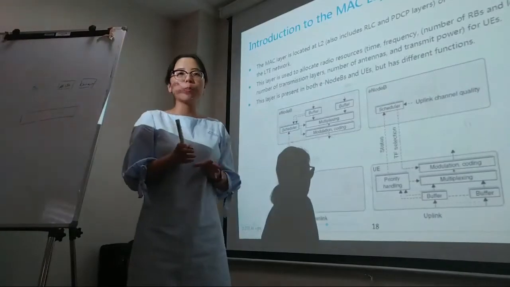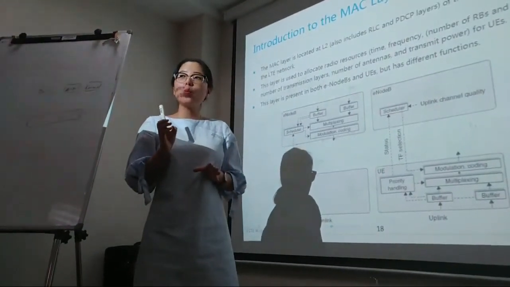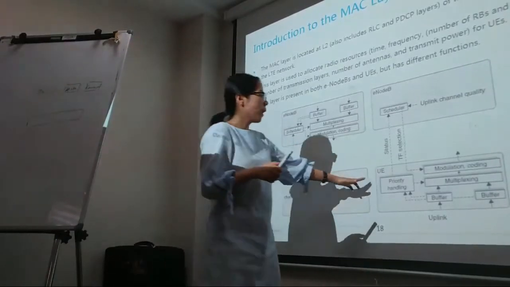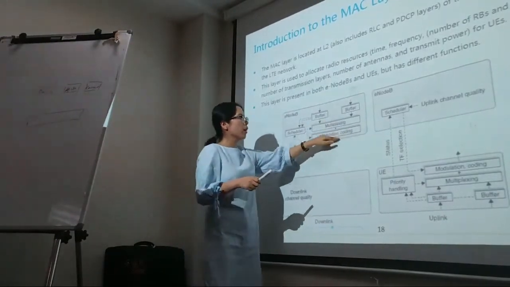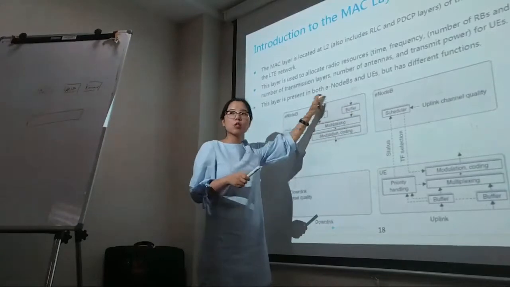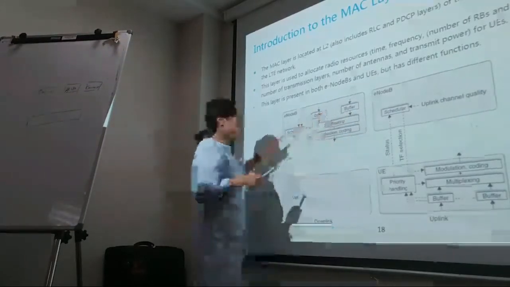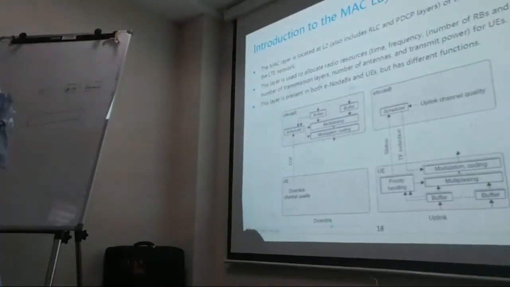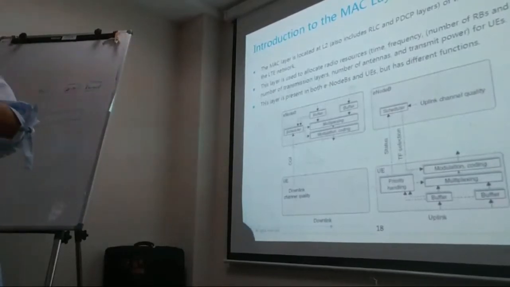Which kind of problem may be generated? Here for example, first we talk about the buffer. For the eNode B side, for the downlink it is okay, because the buffer is in the eNode B side, so the eNode B will know when I need to schedule the UE.